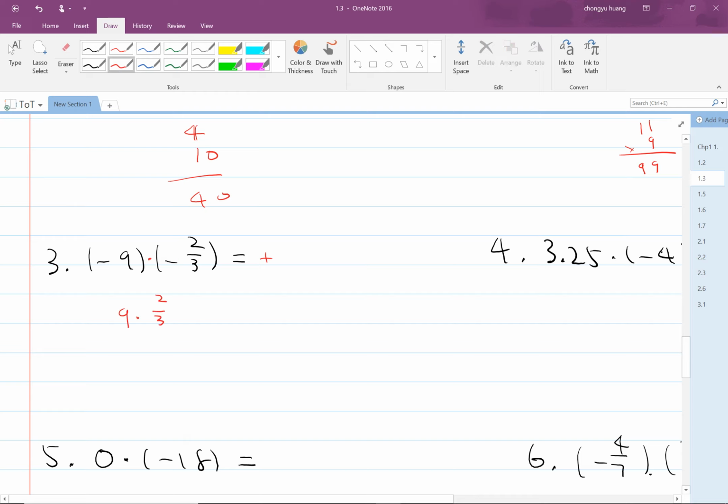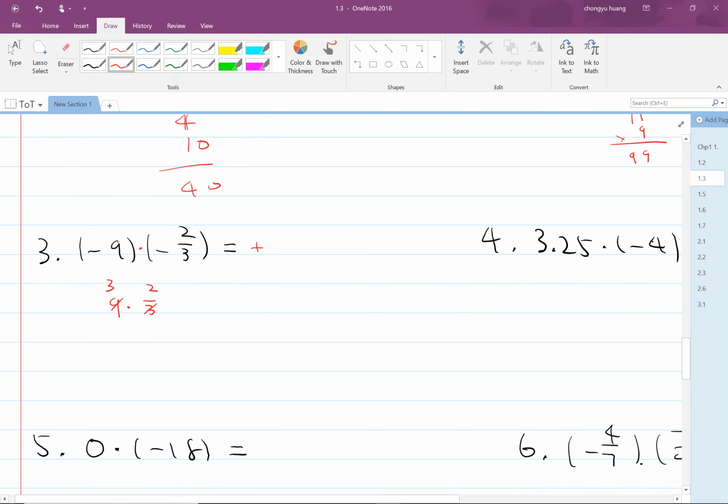Using 9 multiplied by 2 over 3, the 3 cancels, because 9 is 3 multiplied by 3. So 9 becomes 3, and 3 multiplied by 2 is 6. So the answer is positive 6.